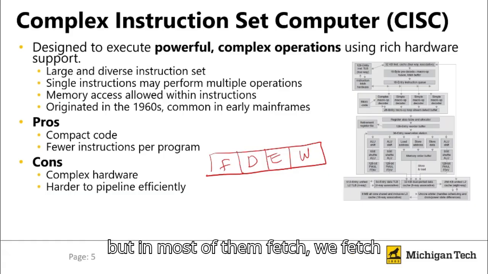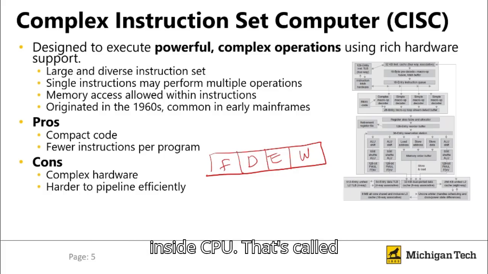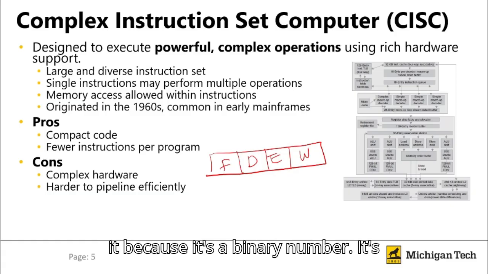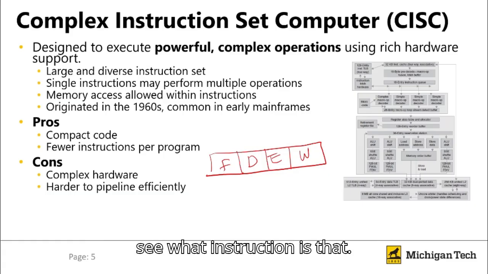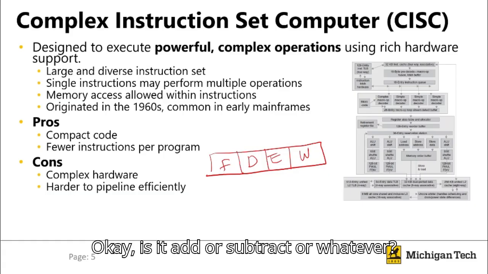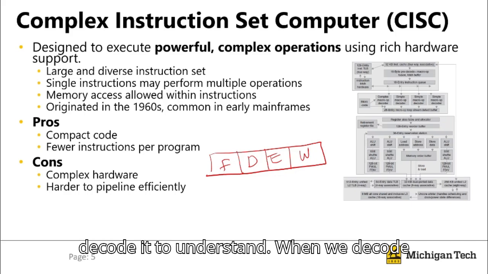Fetch means we bring it from memory inside the CPU. Decode, we decode it because it's a binary number. It's like a number. We need to decode it to see what instruction that is. Okay, is it add or subtract or whatever? And what are the operands? We need to decode it to understand.